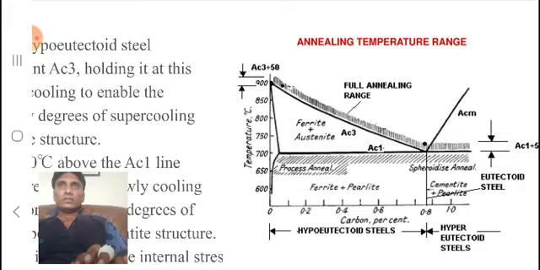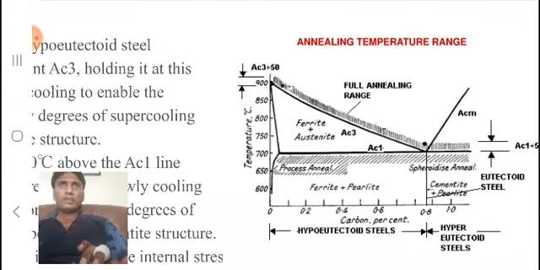So therefore, hypereutectoid steels are only heated above the A1 line, and whatever pearlite is present in it is converted into austenite, and that austenite is again transformed to pearlite.